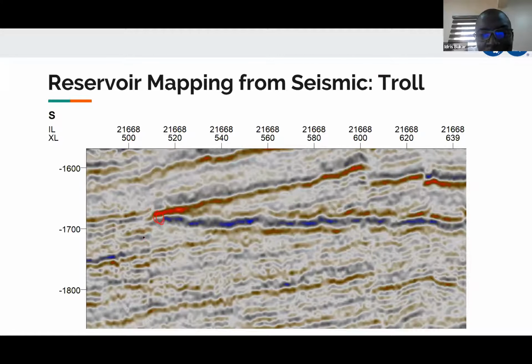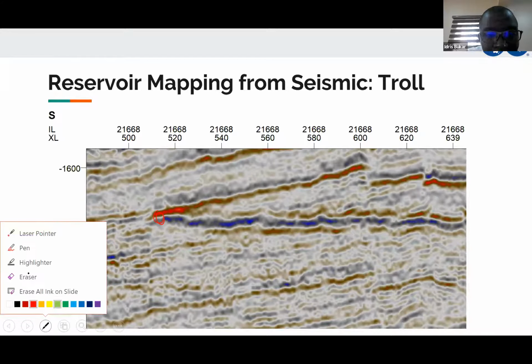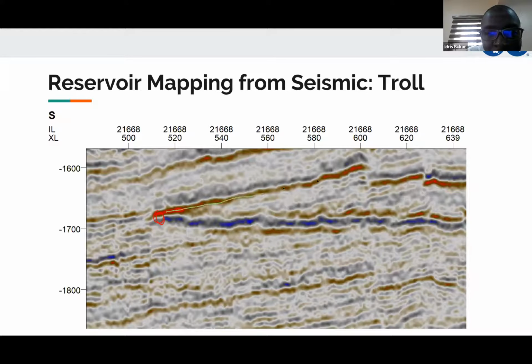Okay, so the idea is if you map this in any seismic interpretation software, then you would follow this interpretation. So you'd follow this sort of here. One of the ways to do it, which would have been better if I was doing this as a practical, is you go inline by inline.